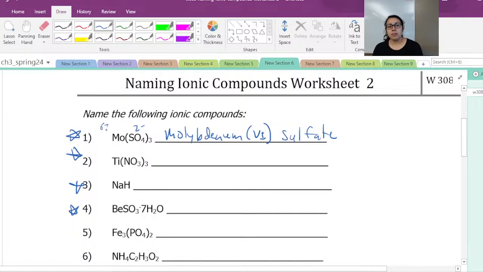Well, it does, right? Because it's -2 on sulfate, times 3, so that gives you -6. So they cancel out, but then you still add the six, because the 6 just indicates the oxidation state of the metal. So it doesn't say anything about having a charge, right? It's just saying this is the oxidation state of the metal. And so this is always assuming a neutral.